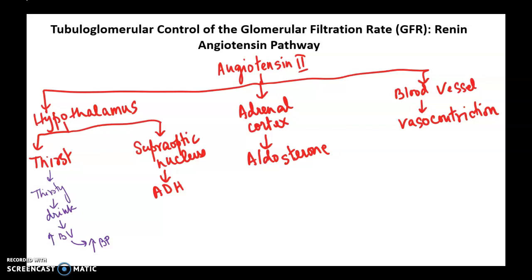Now, next, the angiotensin 2 will go to the supraoptic nucleus of the hypothalamus, and it will cause release of antidiuretic hormone from the pituitary gland. Posterior pituitary, to be precise. Antidiuretic hormone will act on the collecting duct.